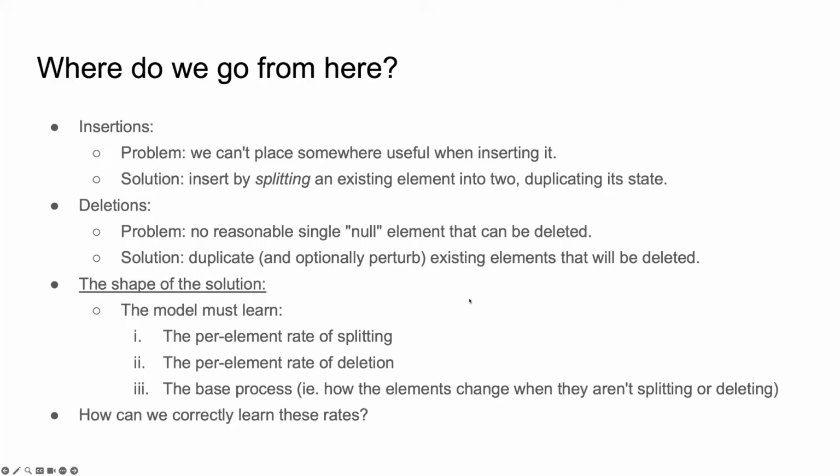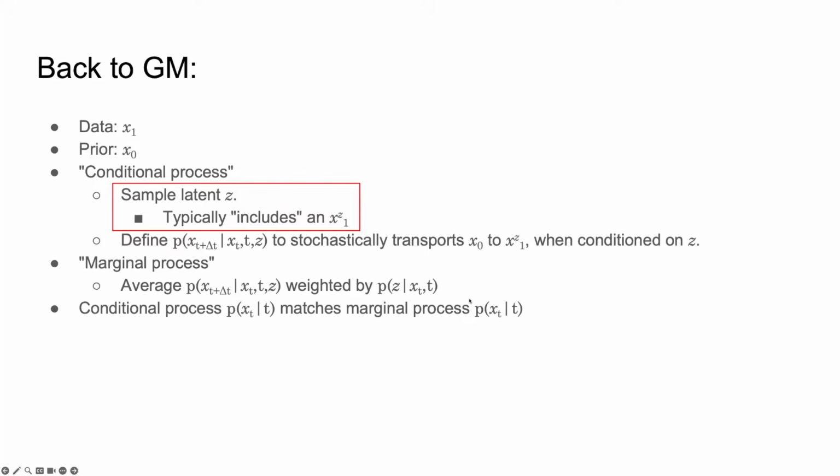Okay. So basically, what we do is we exploit this latent Z in flow matching a lot. In general, we think this is an extremely useful thing that's quite underexploited. In most flow matching setups, the only thing in Z is one X1 value. If you're doing some optimal transport coupling, you can sample X0 and X1 jointly and put those together in Z and use that to manipulate your sample paths.